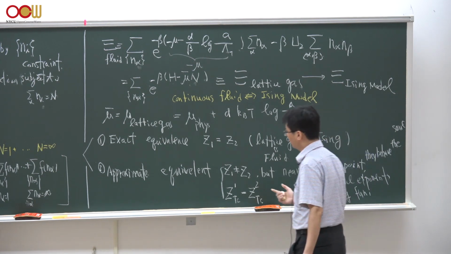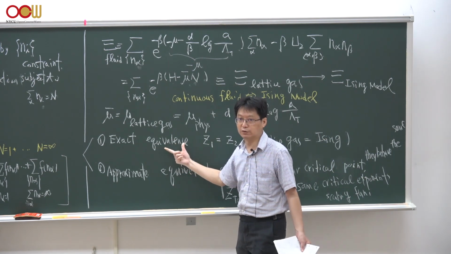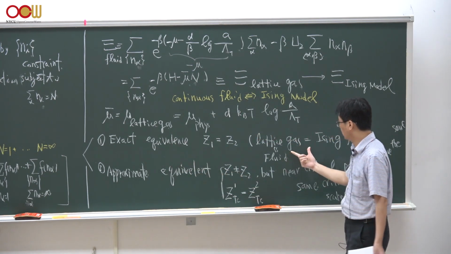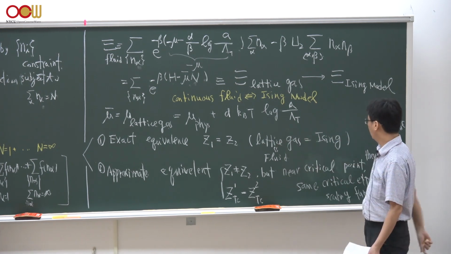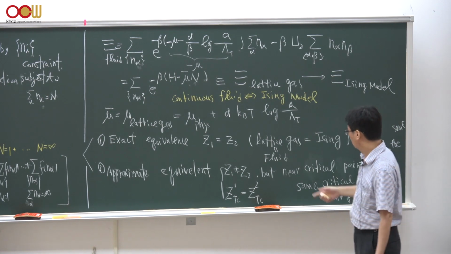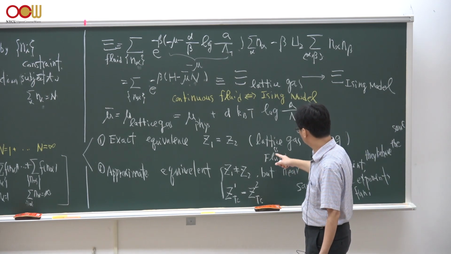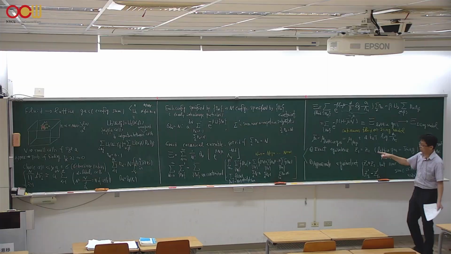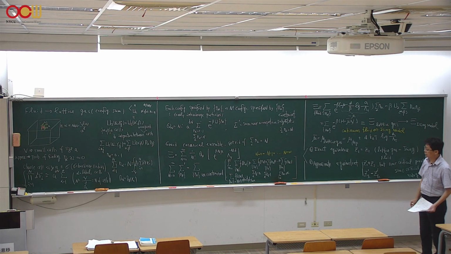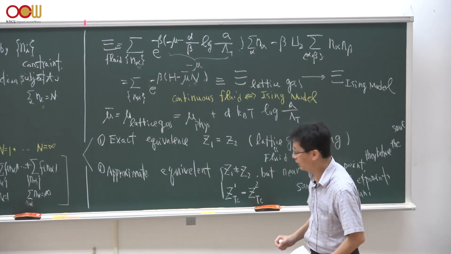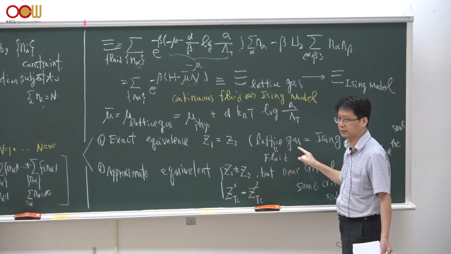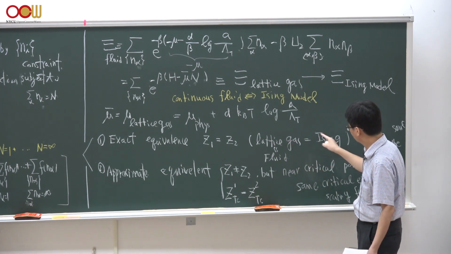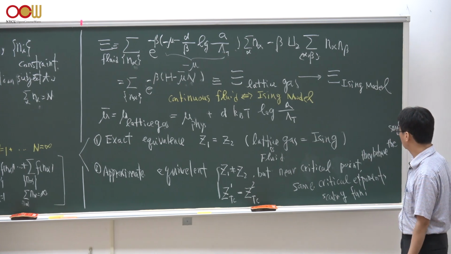One type is called exact mapping or exact equivalence. In this case, we have an exact mapping between the lattice gas problem and the Ising model. But when we map this fluid to the lattice gas, we make approximations. Remember that the hard-core approximation is the approximation that we made in order to argue that the fluid can be rewritten in terms of lattice gas. But from lattice gas, it is an exact mapping onto this Ising model.